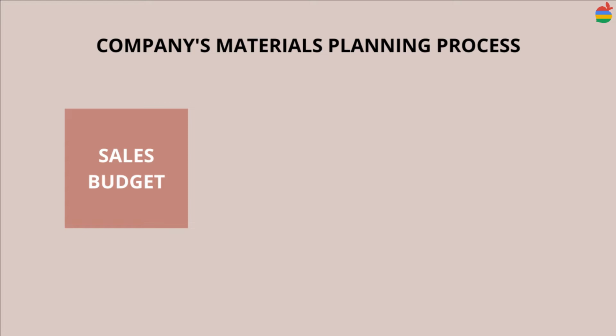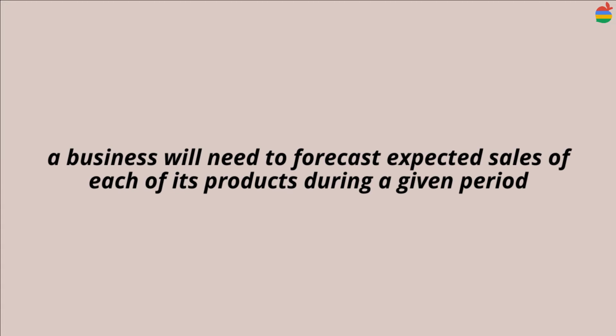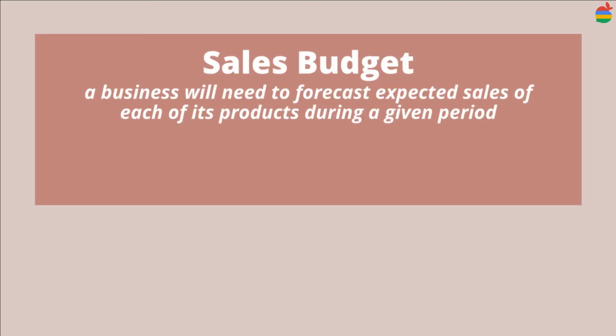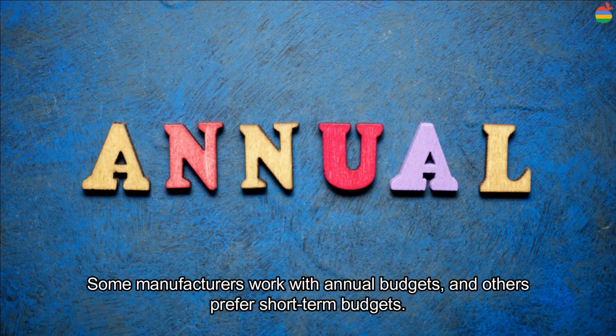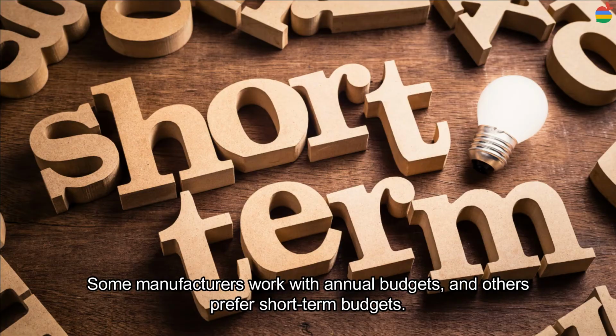In general, the information flow within a company's materials process will be: first, a business will need to forecast expected sales of each of its products during a given period. This information is called a sales budget. Some manufacturers work with annual budgets and others prefer short-term budgets.